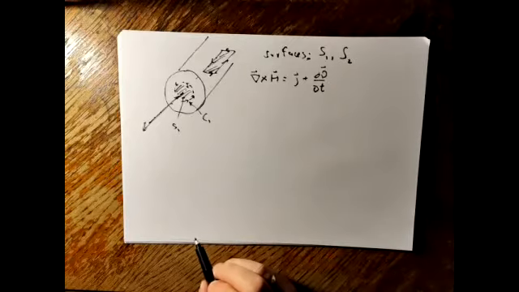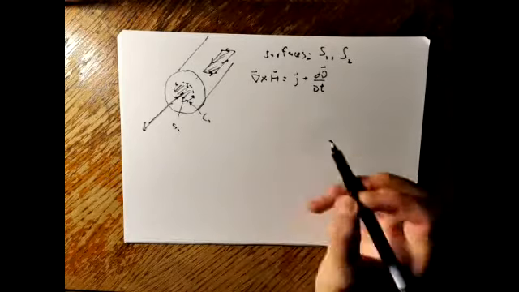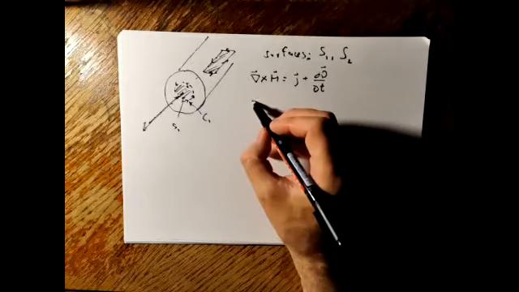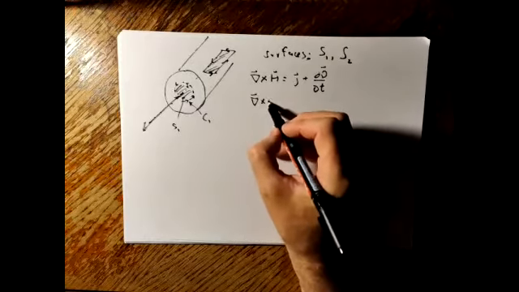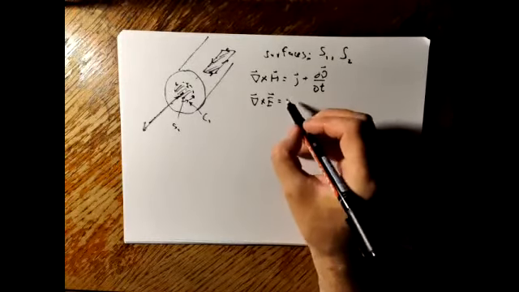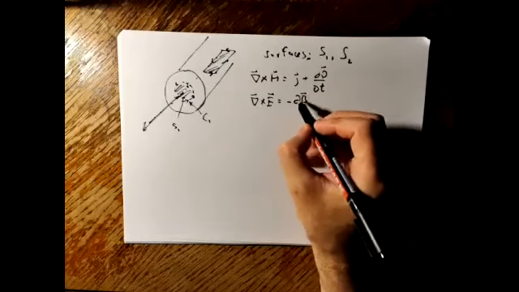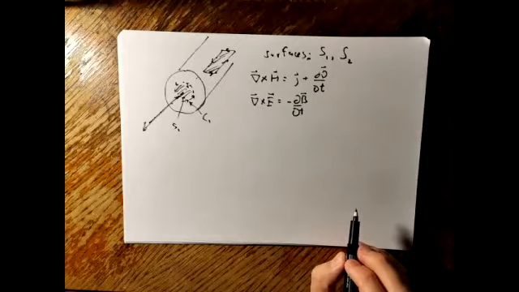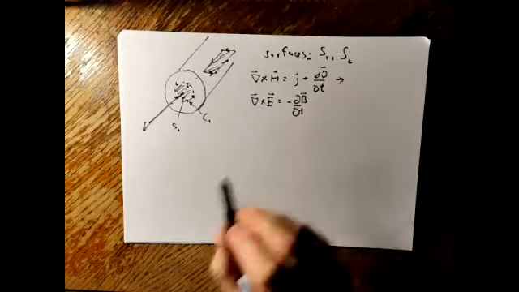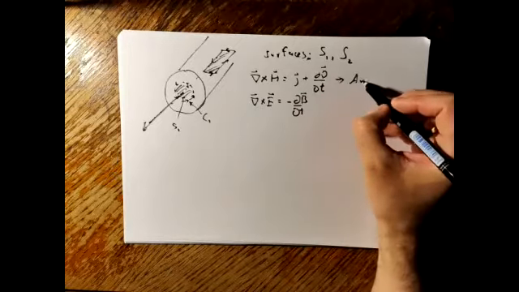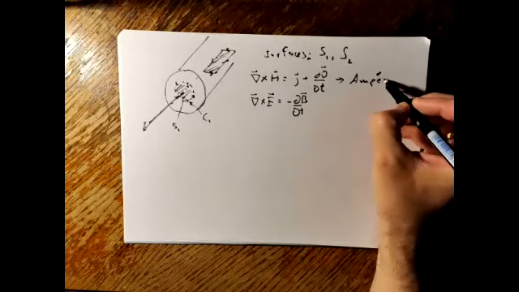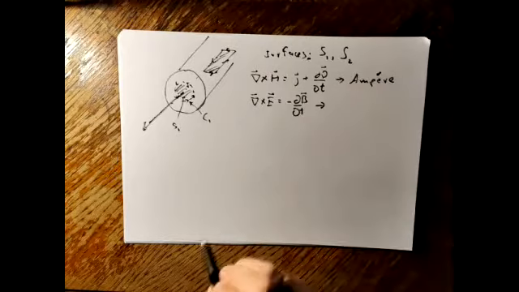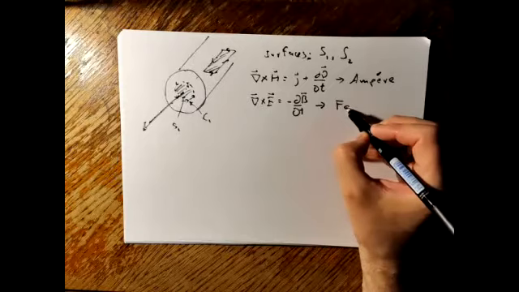That's one Maxwell equation. The other is that the curl of E is equal to minus the time derivative of B. This is Ampere, and this here is Faraday.